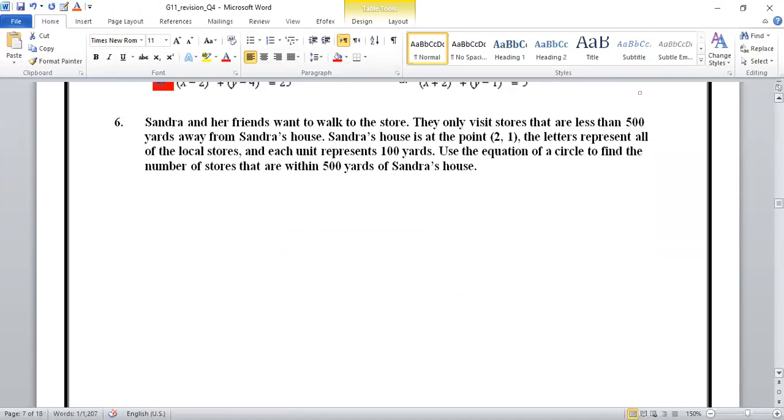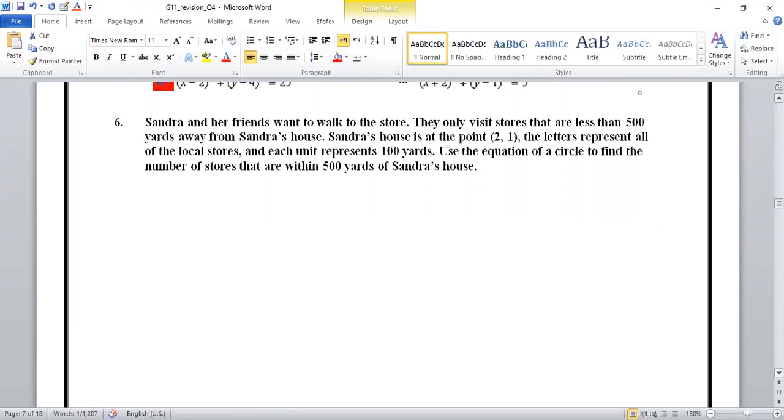Okay, number 6. Sandra and her friends want to walk to the store. They only visit stores that are less than 500 yards away from Sandra's house. Sandra's house is at the point (2, 1).